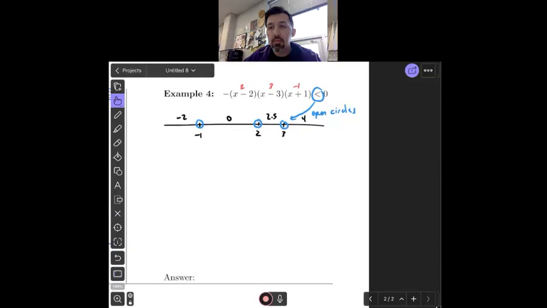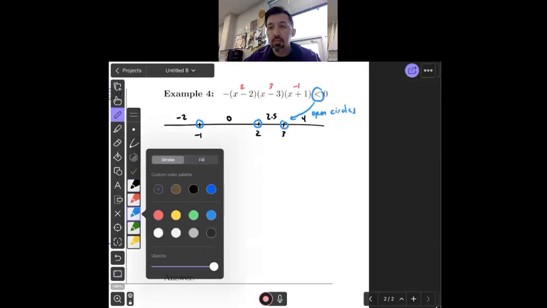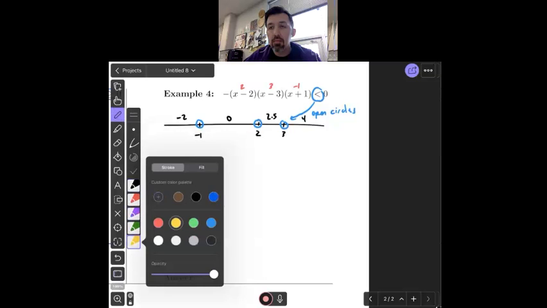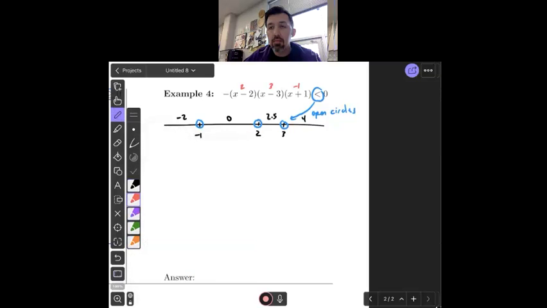Now we're just going to test signs. One thing I do need to watch out for is this initial negative sign here. As I test each sign, I need to make sure I have an initial negative. So I have a negative. -2 minus 2 is -4, negative. -2 minus 3 is a negative. -2 plus 1 is a negative.